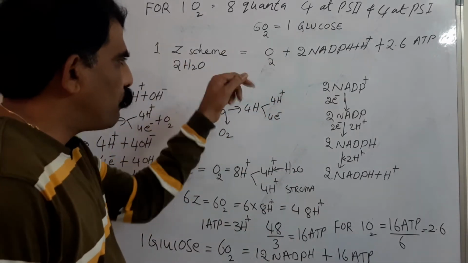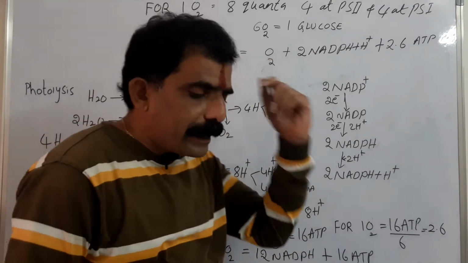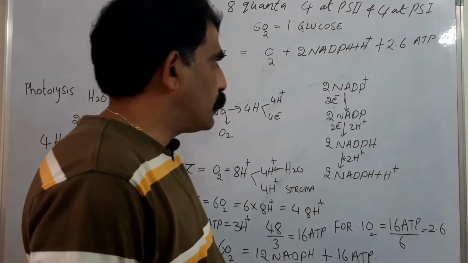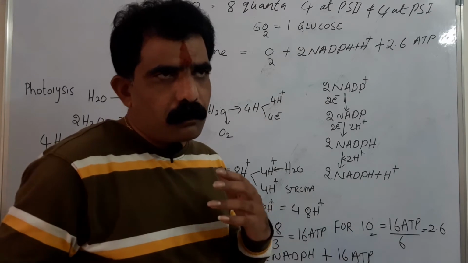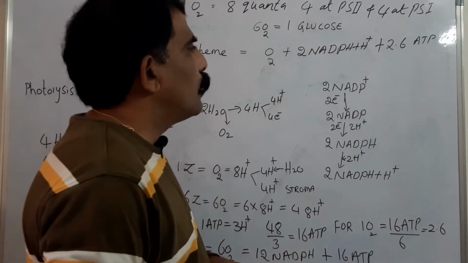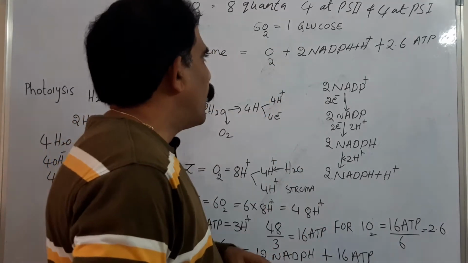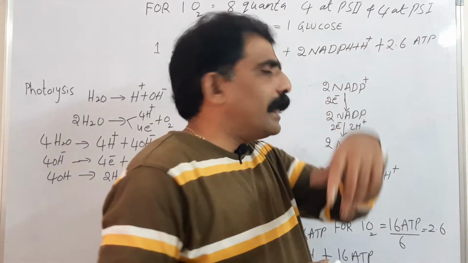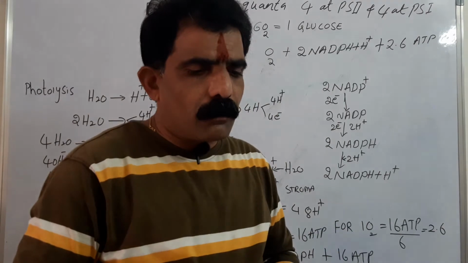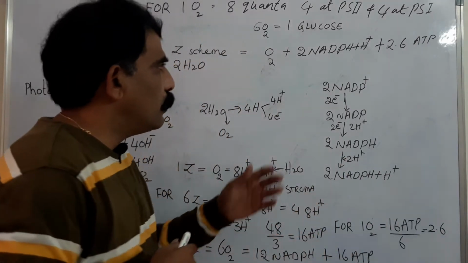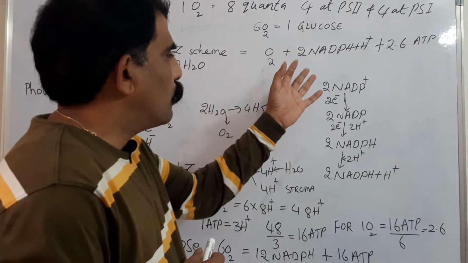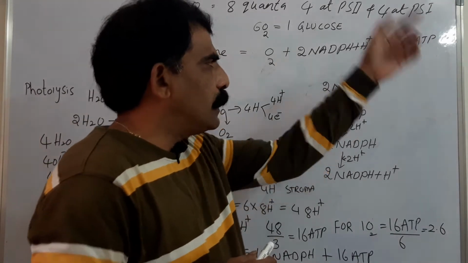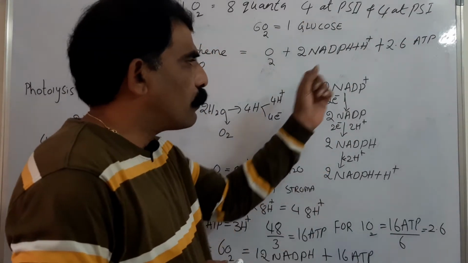And simultaneous with the formation of the O2, NADP is also reduced to NADPH plus H plus. 2 NADPH plus H plus are also produced in association with this evolution of the oxygen. Even 2.6 ATPs are also produced. So when one oxygen is evolved, it is coupled with formation of 2.6 ATPs and 2 molecules of NADPH.